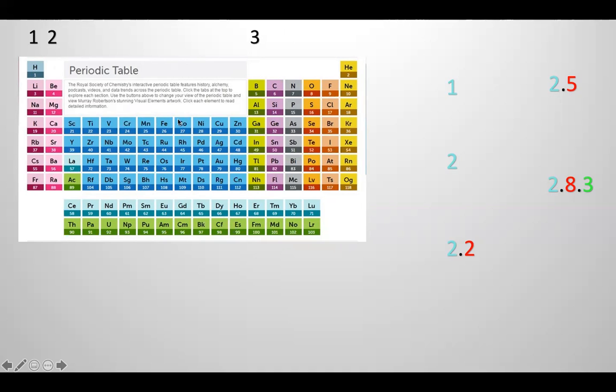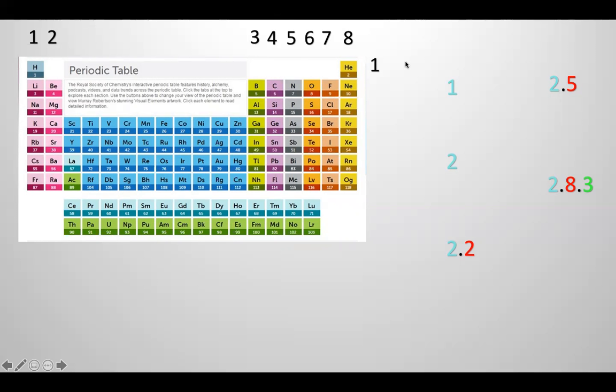And then we skip all of these elements that are in the blue, and we jump right over to the elements in the green, and this is known as group 3. Purple, group 4. Grey, group 5. Orange, group 6. More of a reddy orange is group 7. And this mustardy khaki type colour is known as group 8. You may see in some periodic tables that this is group 0, but we'll go with group 8.